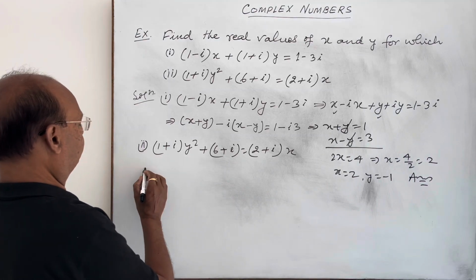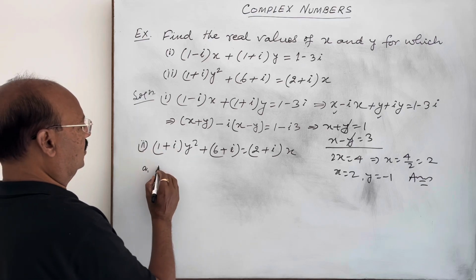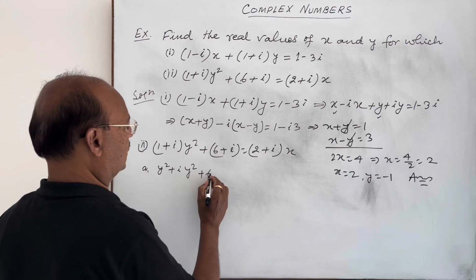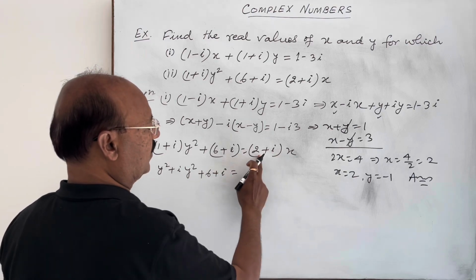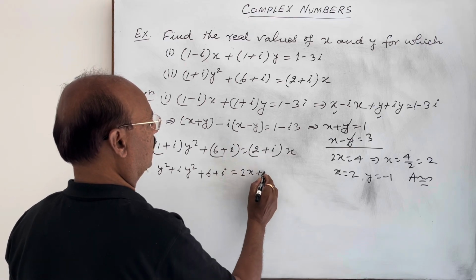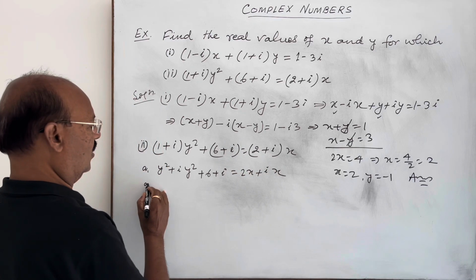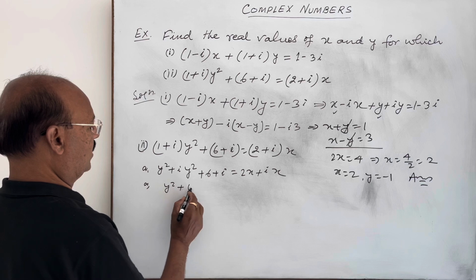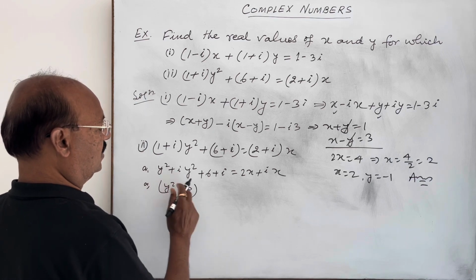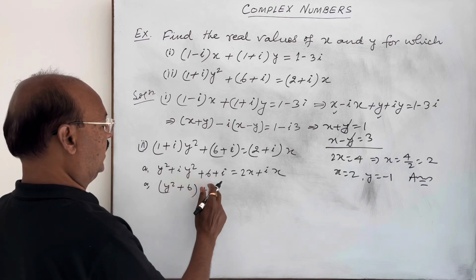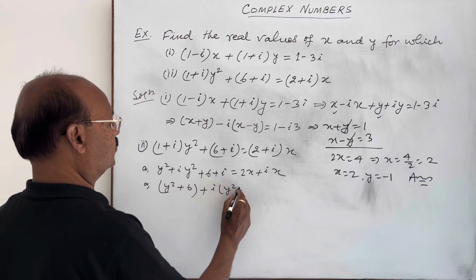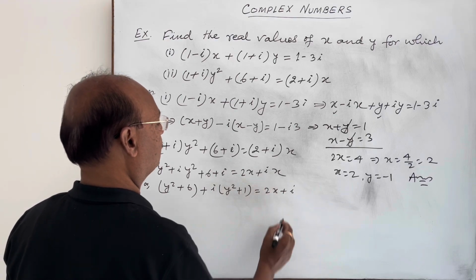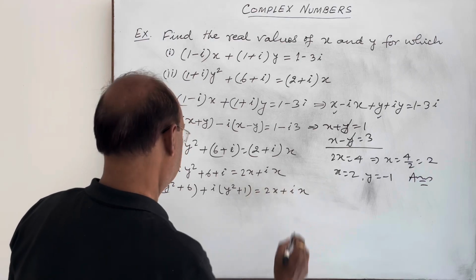On the left hand side, multiplying with y², we get y² + iy², and this is 6 + i. On the right hand side, multiplying with x, we get 2x + ix. So this is y² + 6, a real number, and the remaining terms are iy² and i, so we take i common: (y² + 1). And the right hand side is 2x + ix.